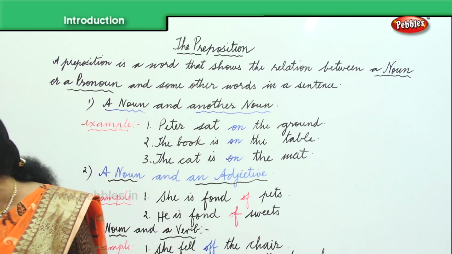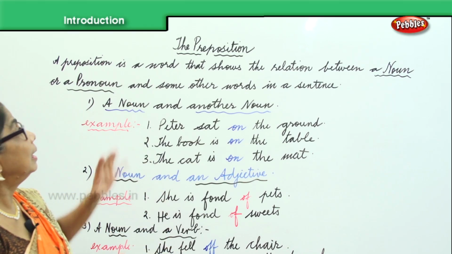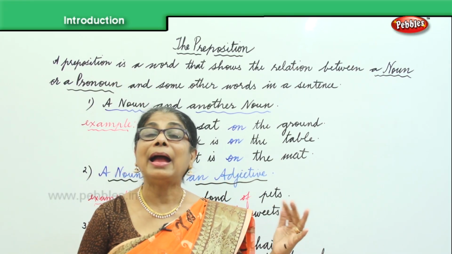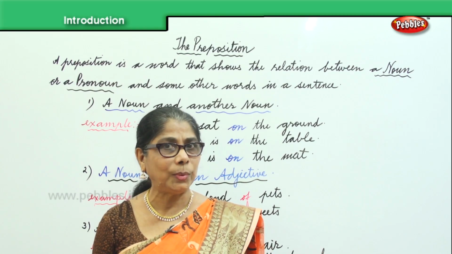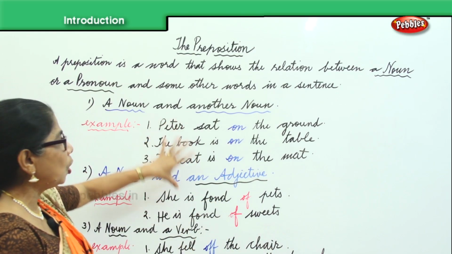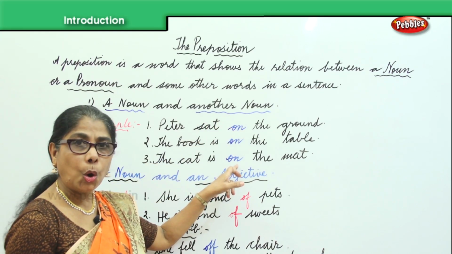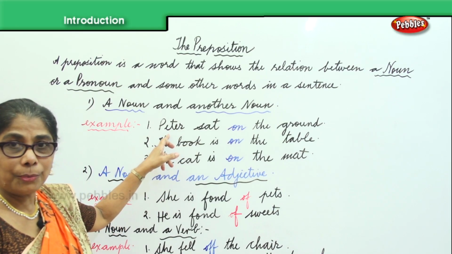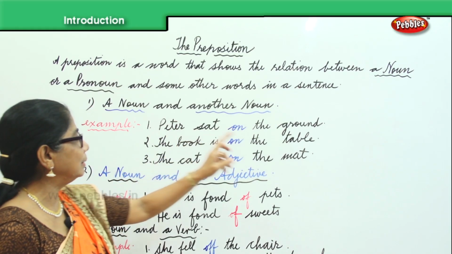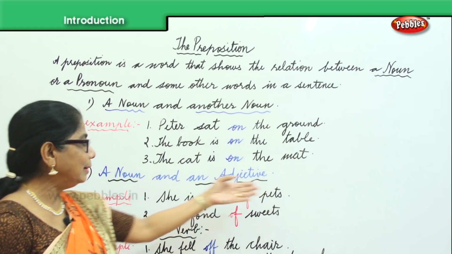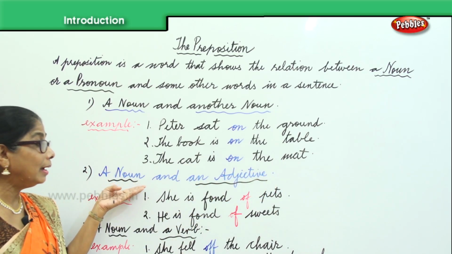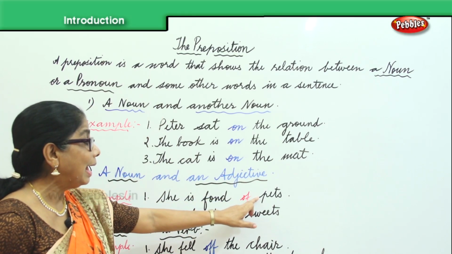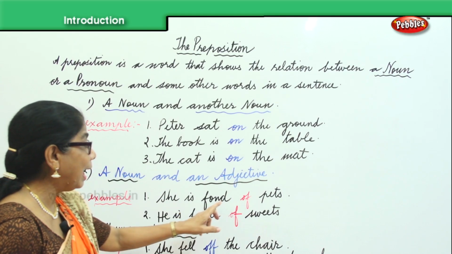What is the preposition? It is a word that shows relation between a noun and a pronoun or any other words in the sentence. In the first slot, we have the preposition on showing a relation between a noun and another noun. Peter and ground, book and table, cat and mat. In the second part, the preposition of shows relation between a noun and an adjective.